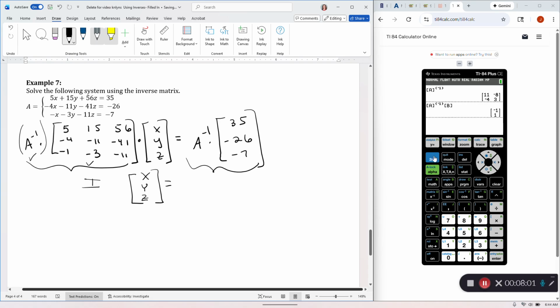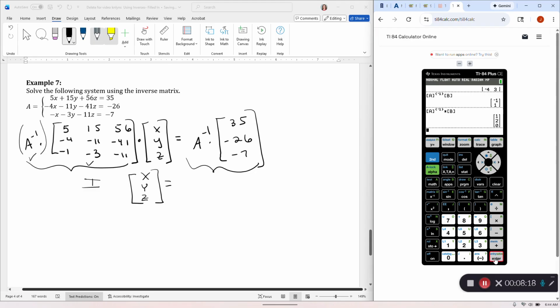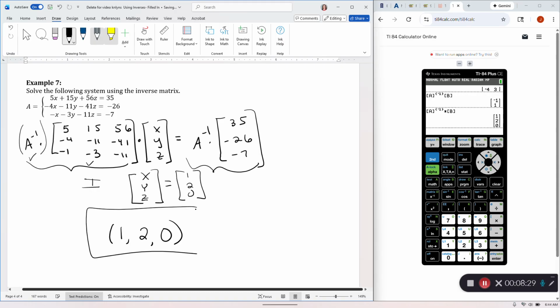So matrix A, I want the inverse, and I need to multiply it by matrix B. So I'm going to go get that. 1, 2, 0. What does this mean? This means that our solution, x is 1, y is 2, z is 0. That's the solution to the system using inverse matrices.